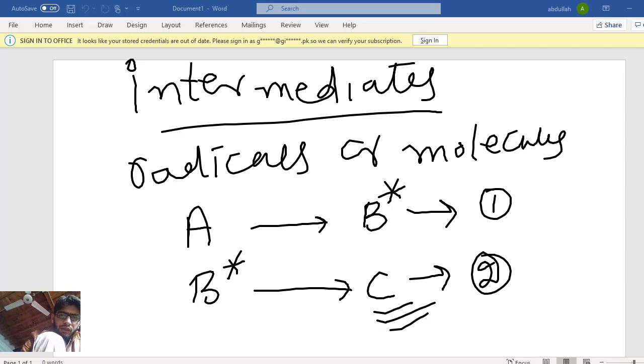So actually, intermediates are radicals or molecules which are produced in one reaction and consumed in the other reaction.